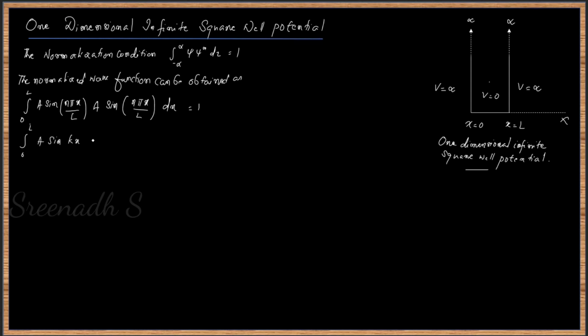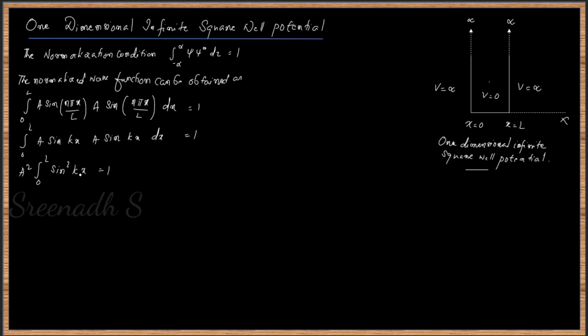So the integral of A sin kx times A sin kx dx is equal to 1. This becomes A square, which you can take outside. The integral from 0 to L of sin square kx is equal to 1.